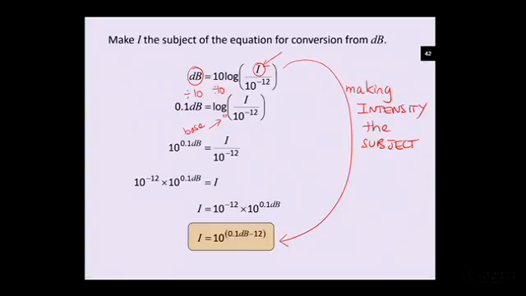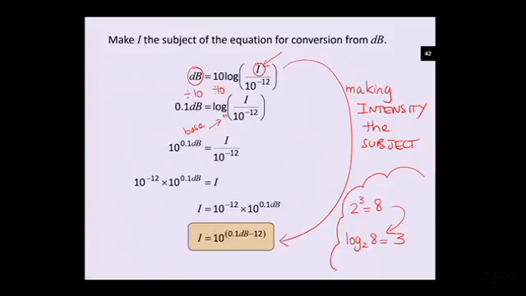So remember, when you used to do logs, you used to have it in index form and then in log form. A simpler example: 2 to the power of 3 is 8 in index form. When you convert it, you put log of 8 to the base 2 is 3. That's changing its format, exactly what just happened there.